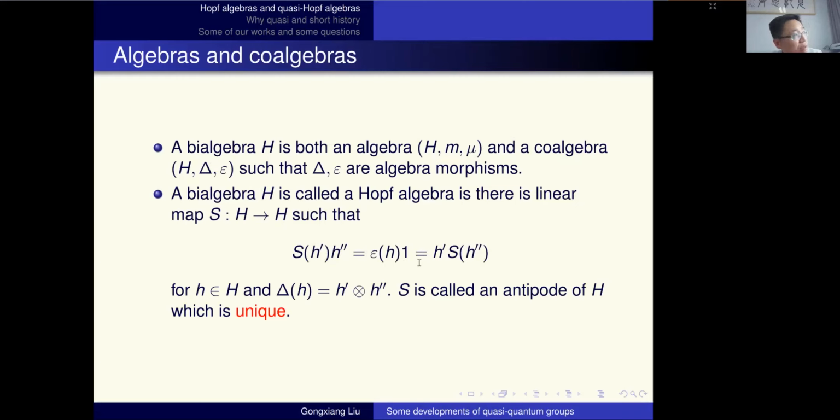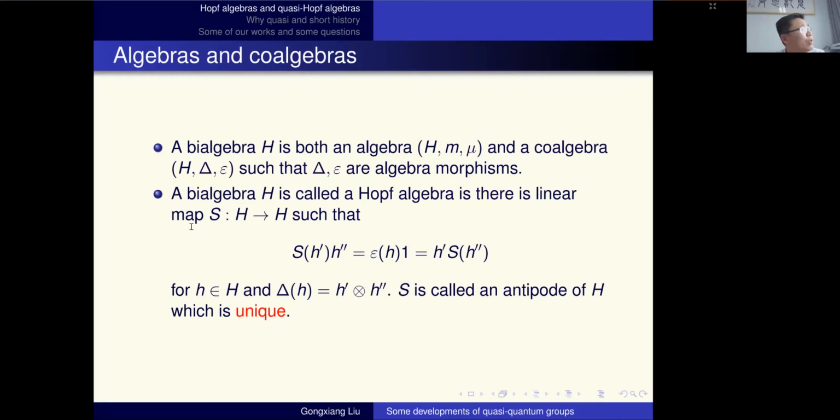Why do we call it antipode? If you want to understand it, I recommend you find the prototype example of Hopf algebra. The original example of Hopf algebra comes from the three-dimensional sphere. You can find the antipode just means we take the antipodal point. So that's the reason why we call it antipode.